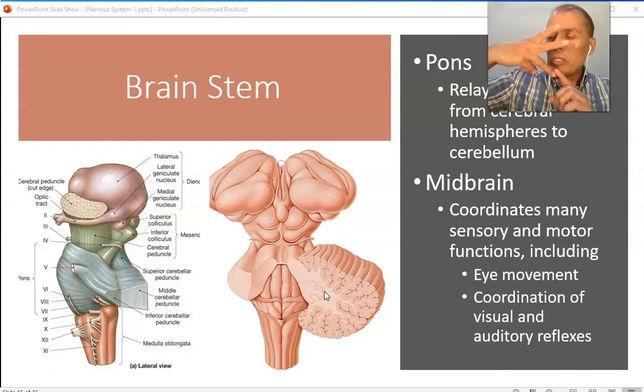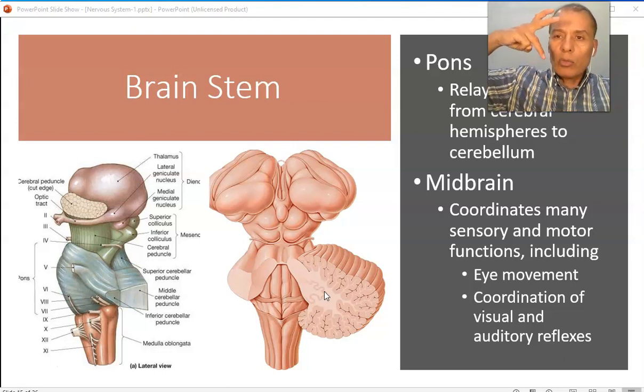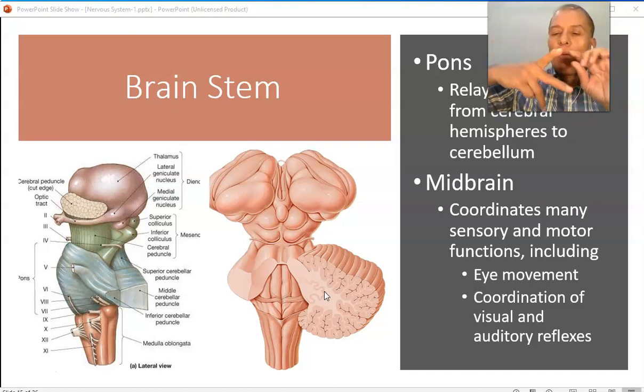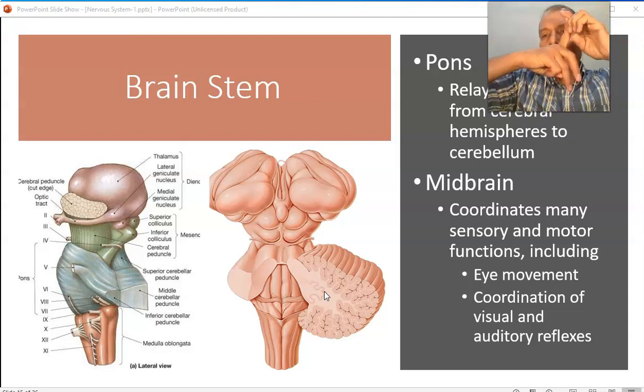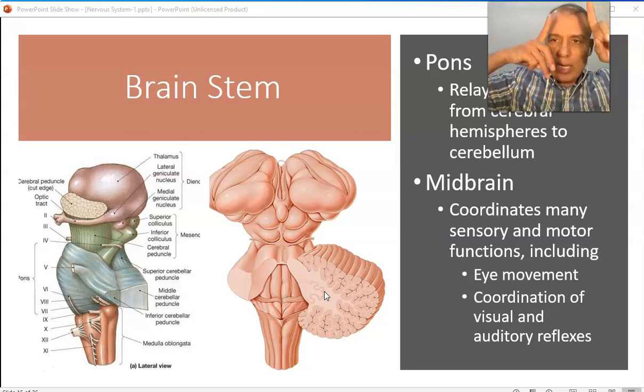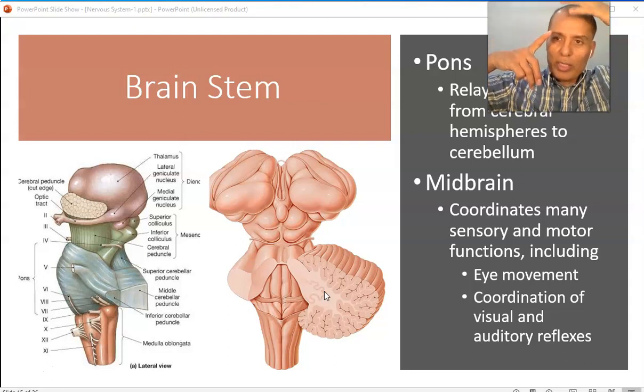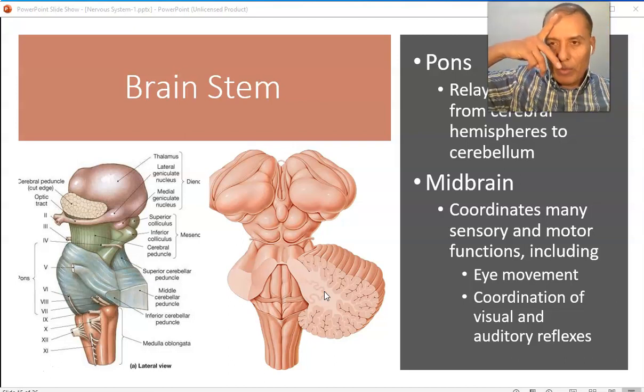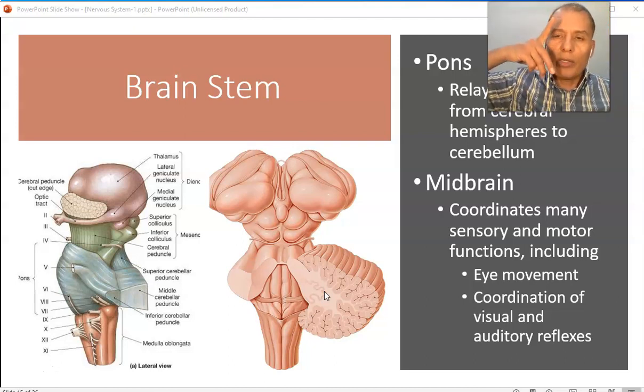One of these peduncles goes down to travel with the pathways of the spinal cord. And then you have one that goes up to the higher levels, and it connects with the motor areas and the planning areas and so on in the higher areas of the brain.